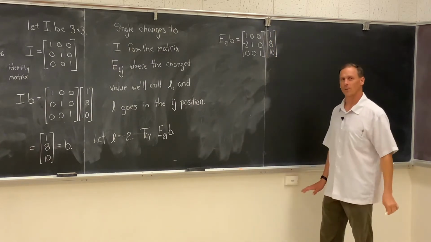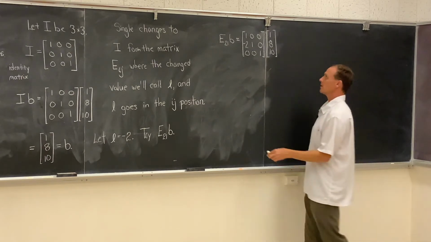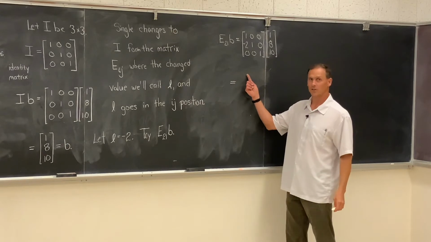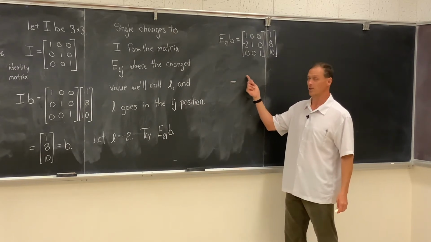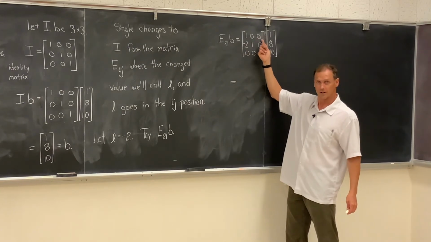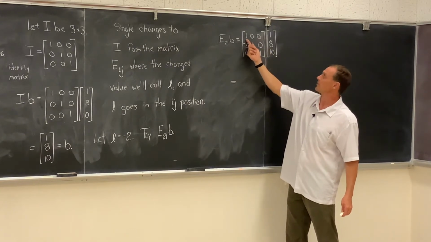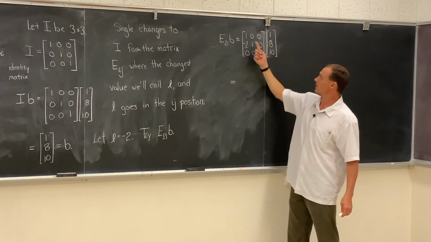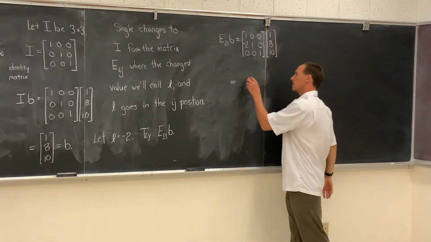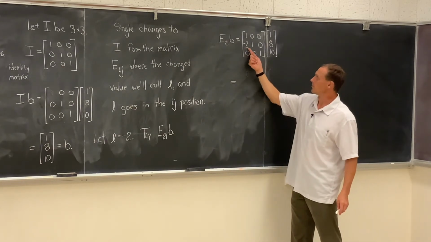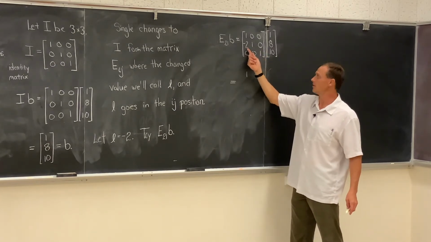Okay, so watch what happens. Remember what we said: the first row of my new vector will be dictated by the first row of the matrix. Well, we've already done this. This row times this vector gives us a 1. Now, here's where it gets interesting. Row 2 is now dictated by this. I'm going to write this out.